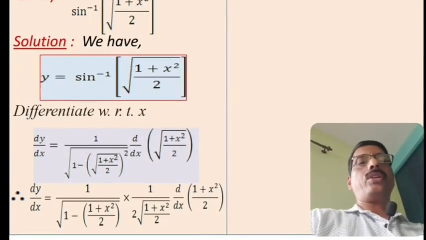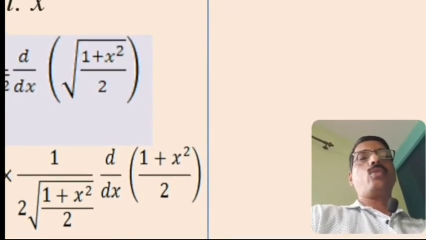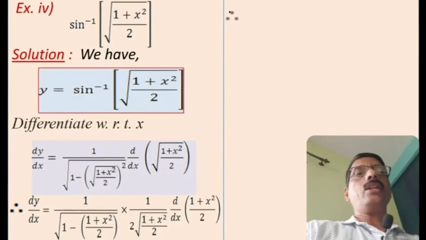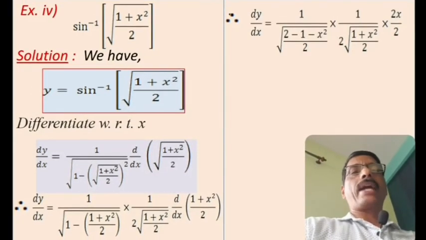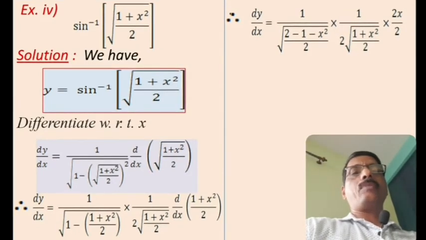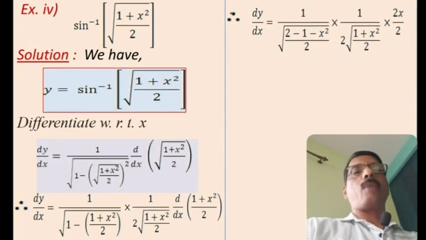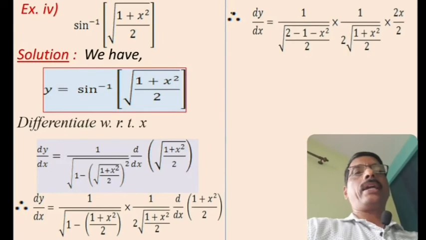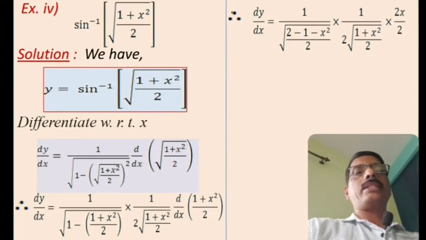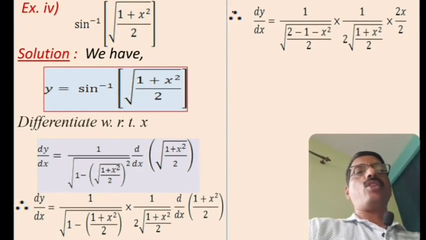Now again we have to take the derivative of the given function. That function we have to differentiate. Therefore dy by dx equal to, simplifying the fraction in the denominator, taking the LCM, that is 2, therefore root of ((2 minus 1 minus x square) upon 2) into, again second, 1 upon 2 into root of (1 plus x square upon 2) into the derivative of (1 plus x square upon 2).